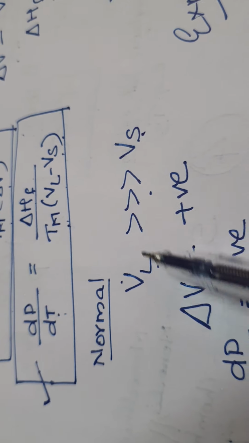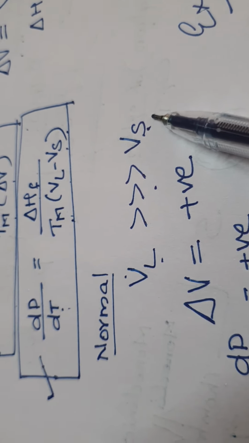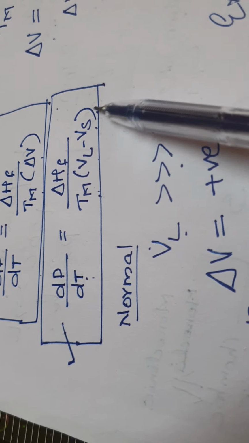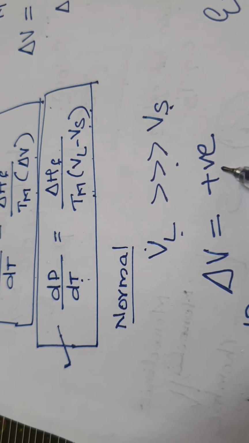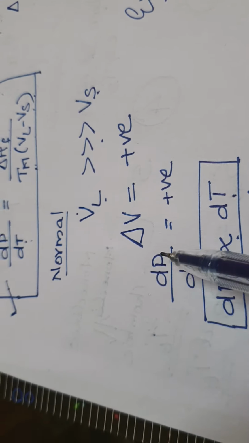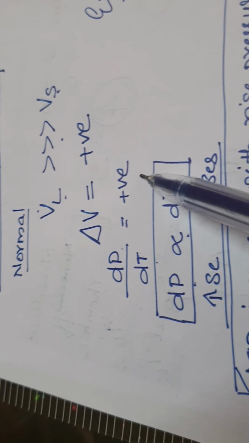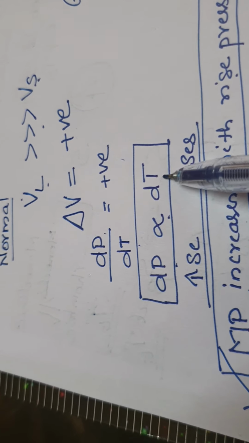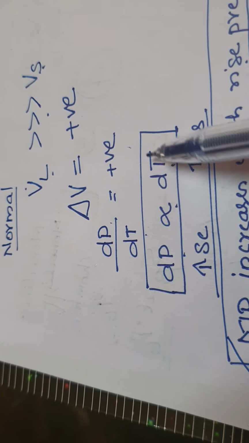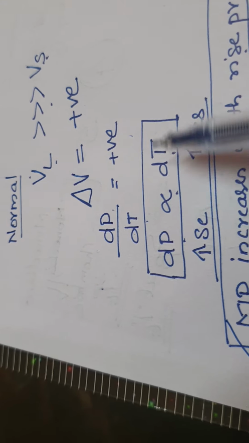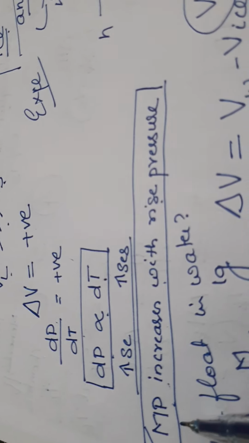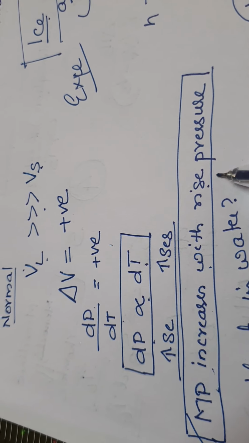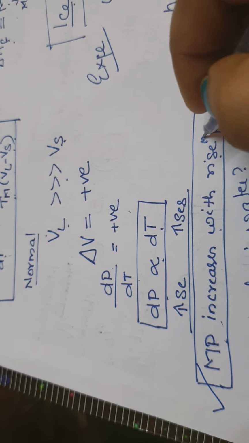So we can write V_L is much higher than V_S. So ΔV, which is V_L - V_S, will always be positive, and therefore dP/dT will be positive. That means dP is proportional to dT. That is, increase in pressure increases the change in temperature, or simply you can say melting point of the solid increases with rise in pressure.